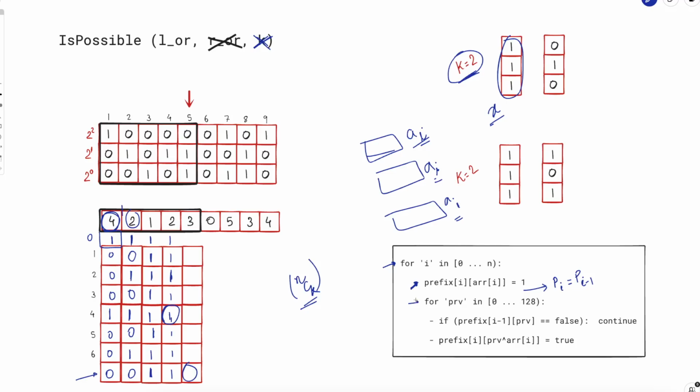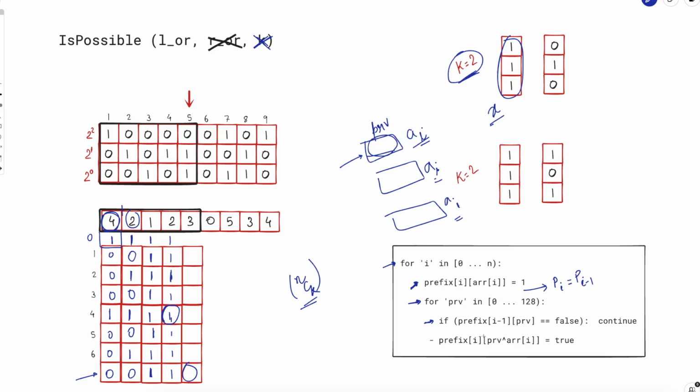So you will try out all possible OR values. If one was not feasible, it means there is no subset which can make this particular OR value, so you can't do much. But if it is feasible, it means there is some subset which can make this particular OR value. You can add a of I and see if you can get some new OR value.